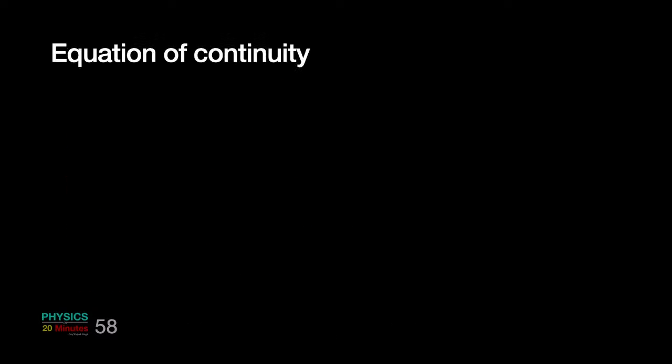So, what is equation of continuity? As the name suggests, it talks about something which is continuous. It talks about a continuous flow or something which does not abruptly stop.